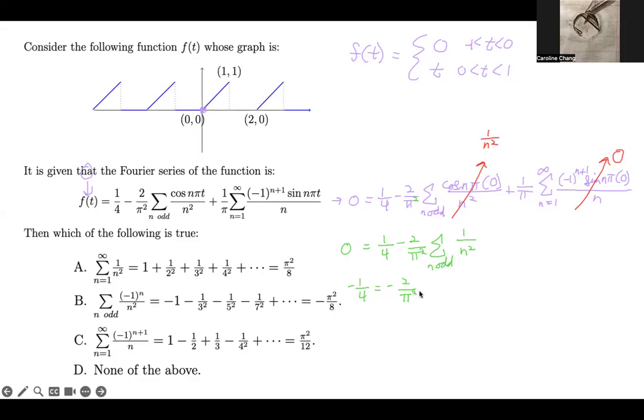Negative 2 over pi squared times the summation when n is odd of 1 over n squared.